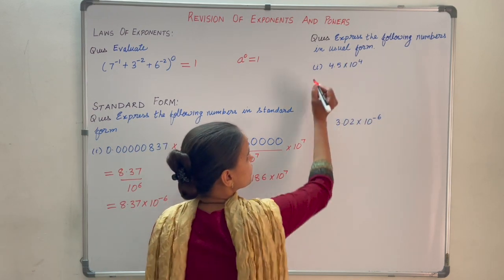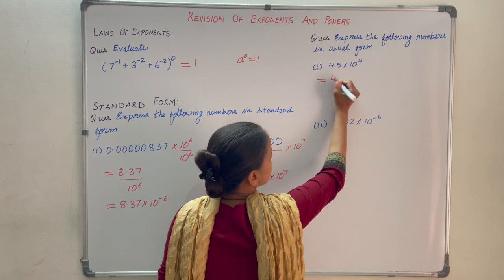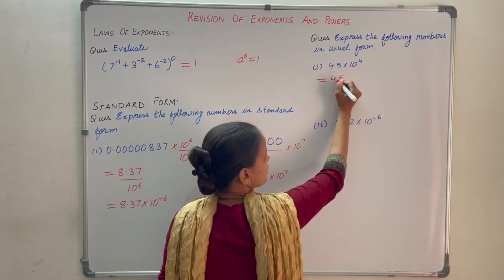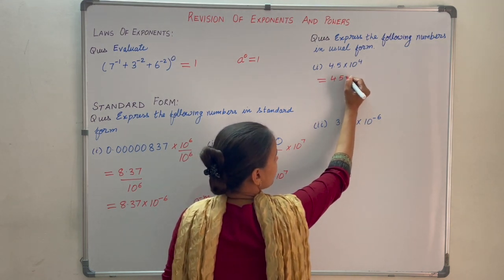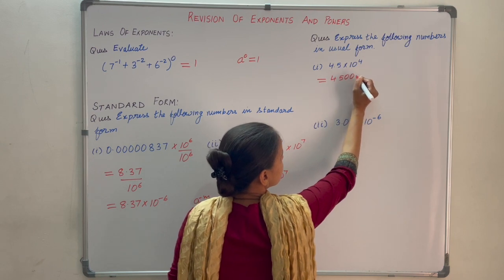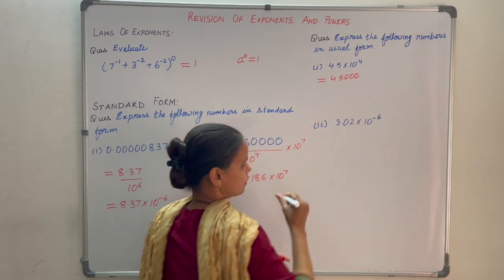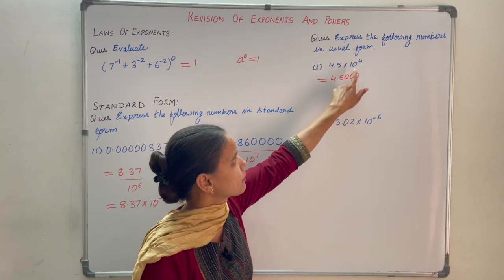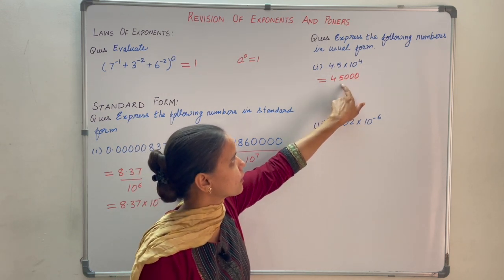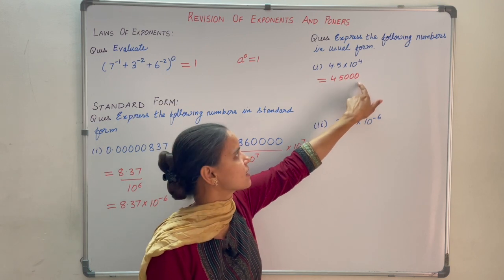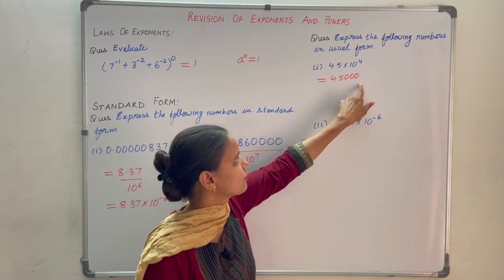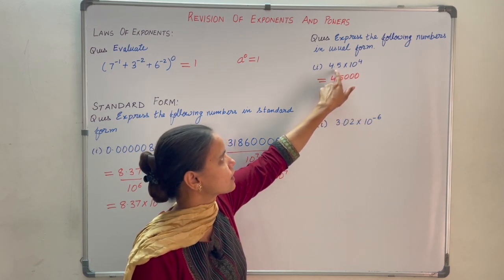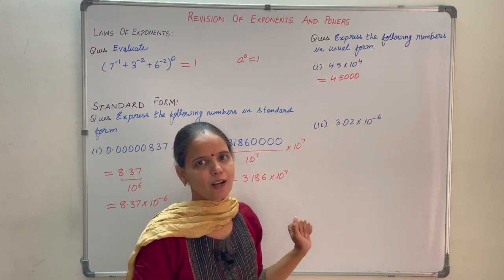So let us move it. Here the decimal point is here now. Moving it: 1, 2, 3, 4. Initially it was here, so after multiplying by 10 raised to the power 4, the decimal point will move 4 digits towards the right-hand side. So the usual form for this number is 45,000.